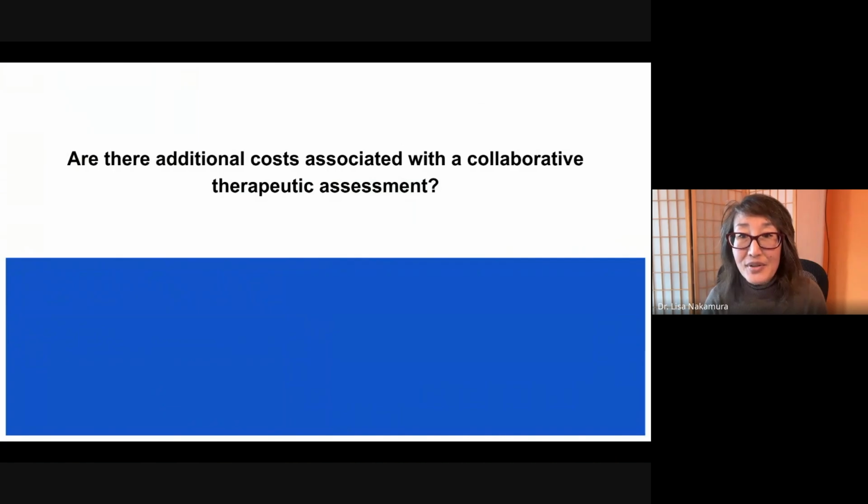Okay, I kind of touched on this with Elizabeth's question, but are there additional costs associated with a collaborative therapeutic assessment? It really depends. For many cases, I briefly integrate some feedback about the findings and a person's observations as part of the process, and this process does not add so much time or cost to the overall assessment.